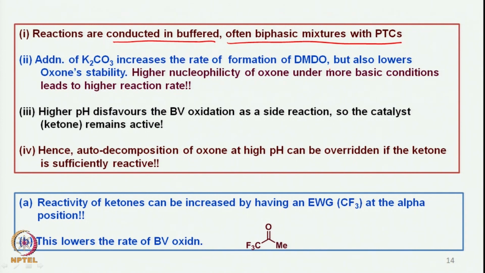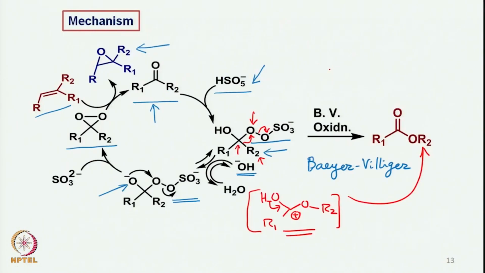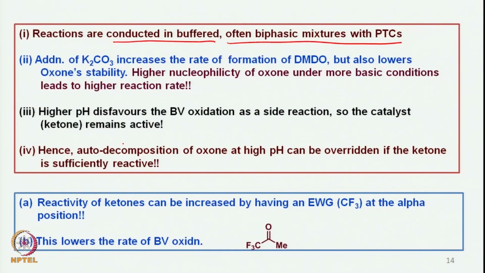It is found that the oxone under the basic conditions is somewhat less stable, but if we add potassium carbonate, as we did in the previous case here, the potassium carbonate allows the deprotonation of this hydrogen easily, and then this negative charge attacks onto this oxygen and forms the corresponding dioxirane. So, this can be increased by the addition of potassium carbonate or by increasing the basic medium. But under the basic medium, the oxone stability is somewhat less.